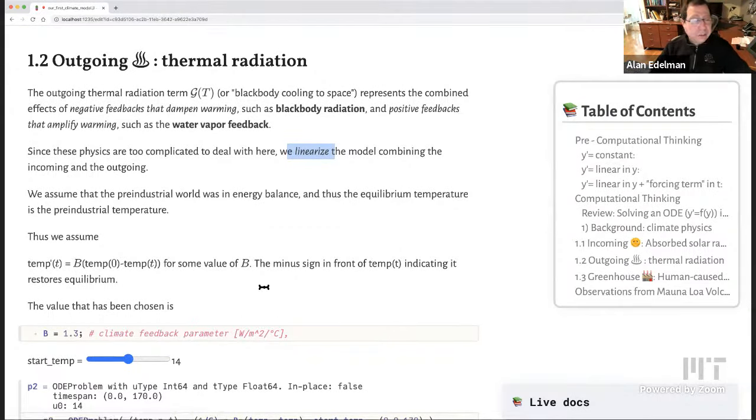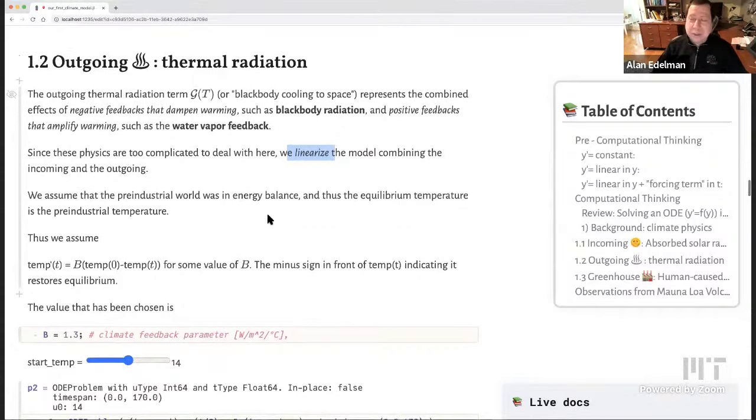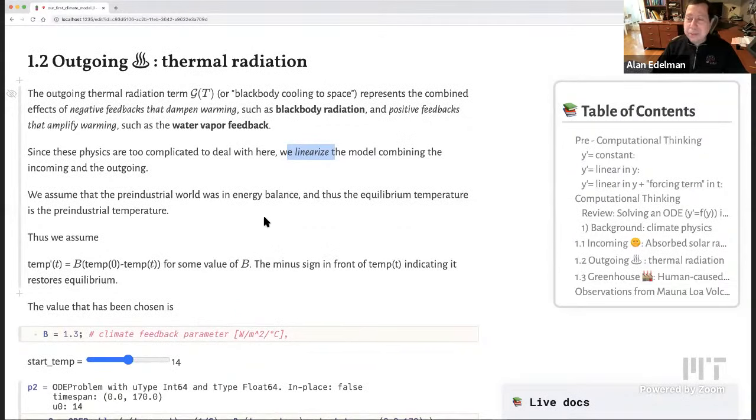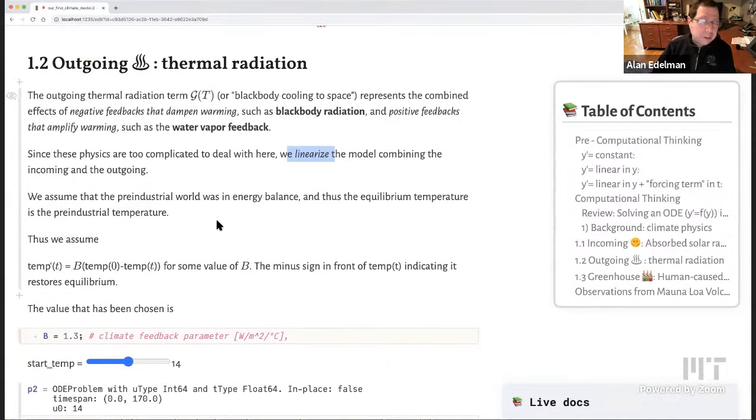Okay, and so what can we do? If I want to fit a linear function, I would have to find two parameters, right? Two points determine a line. But what we're really going to do is fit one parameter intelligently, and then one's going to come out of the air. So we could make the argument that the pre-industrial temperature was an equilibrium temperature.